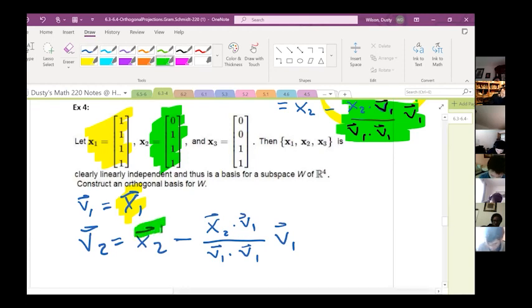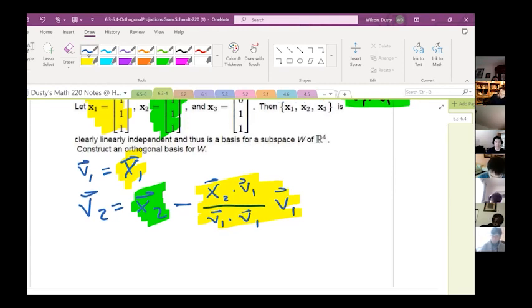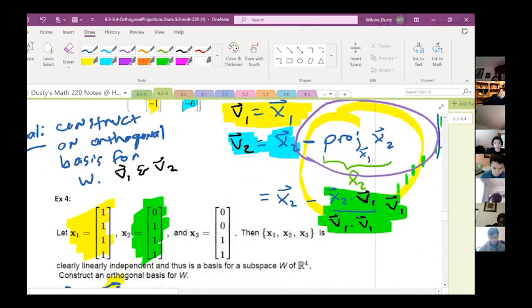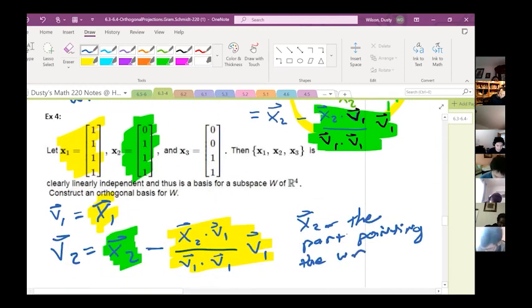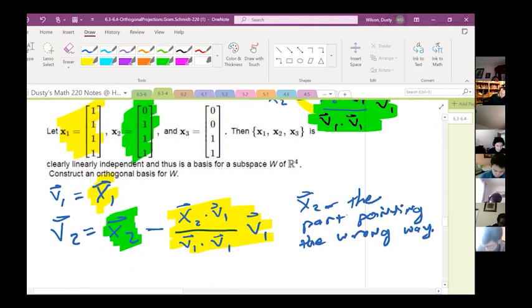So it's like you have the green part, and then you're going to subtract all of the part that's going in the wrong direction. Okay.